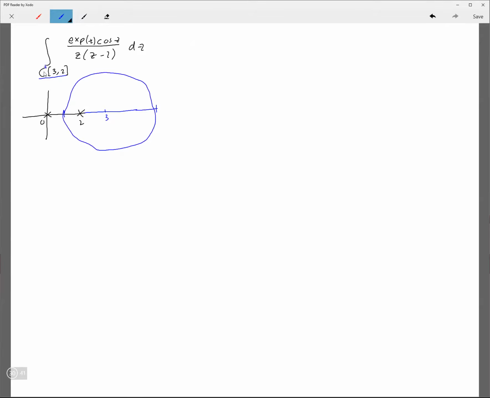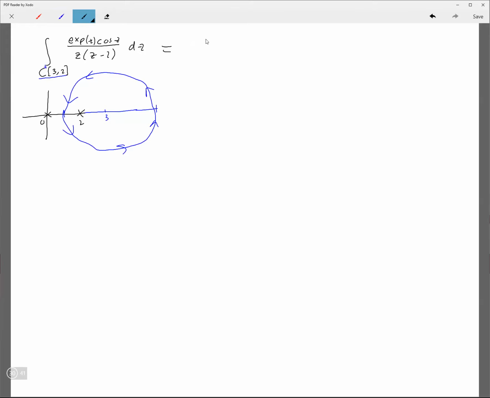Sometimes you put a plus there, meaning the positive orientation. That means it would go like this, right? It doesn't include the 0. The 0 is not inside the curve.